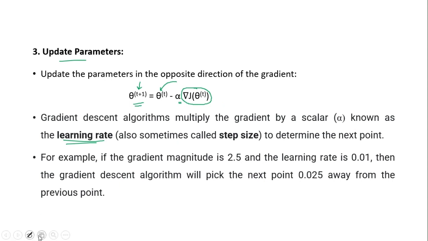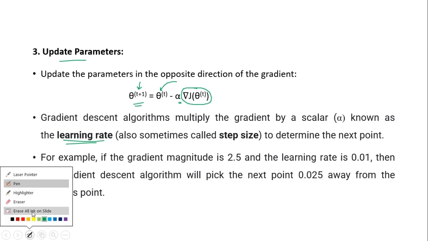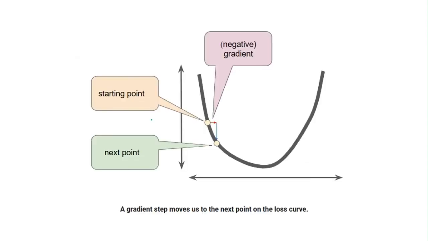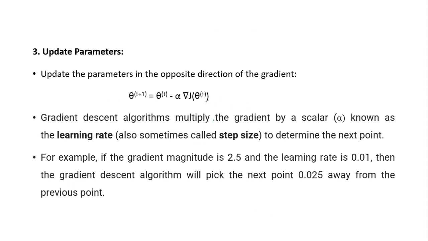Okay, so that means what is actually happening is, you can see here, initially the starting point was here. Now when you do this calculation, we are minusing the gradient value. That means we have a magnitude here for the gradient.